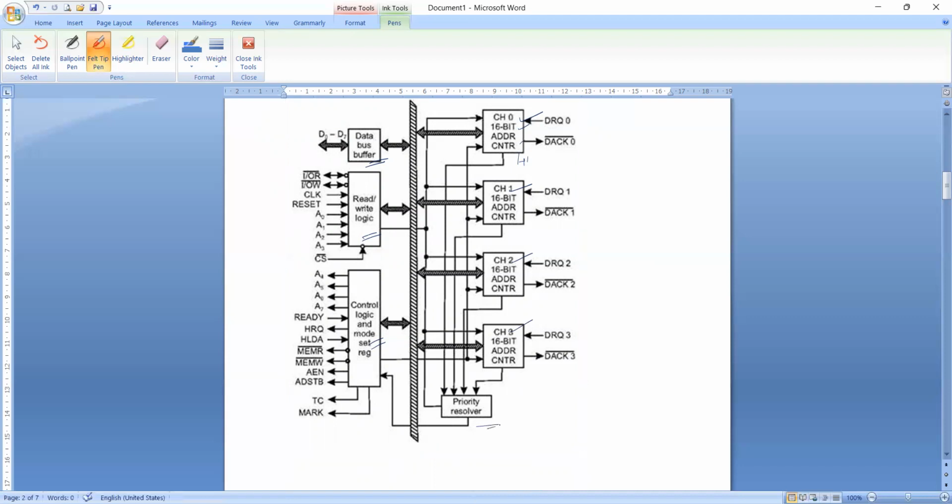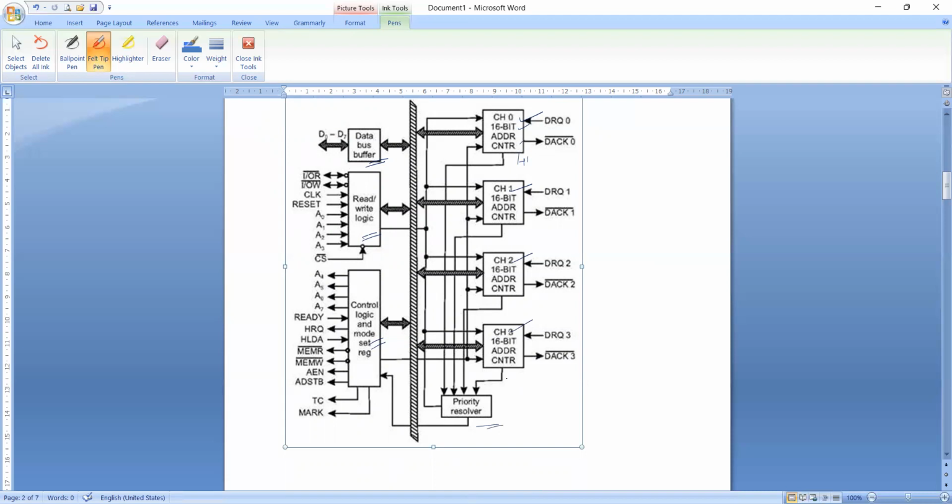There is a priority resolver, which decides which channel has the highest priority and which has the lowest. Each channel has a request signal, because during data transfer the DMA controller has to send a direct memory request.